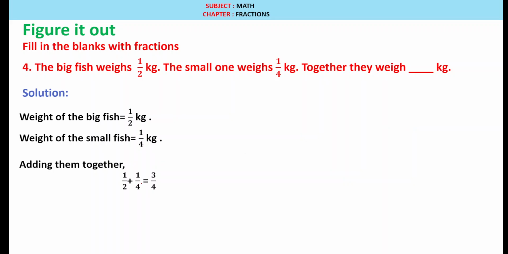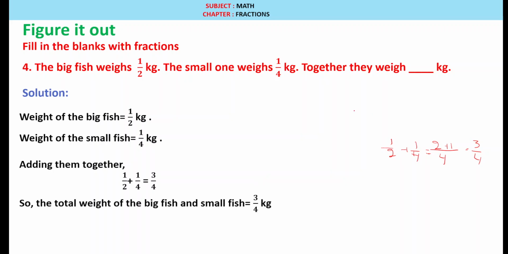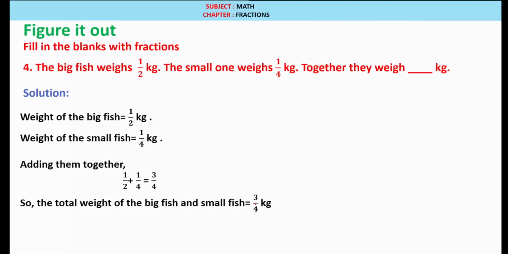When we are adding, we have to take the LCM. Therefore for 1/2 plus 1/4, the LCM of 2 and 4 is 4. 2 times 1 is 2, plus 1, that is 3, divided by 4. So together they will weigh 3/4 of a kg. So the total weight of the big fish and the small fish is 3/4 of a kg.